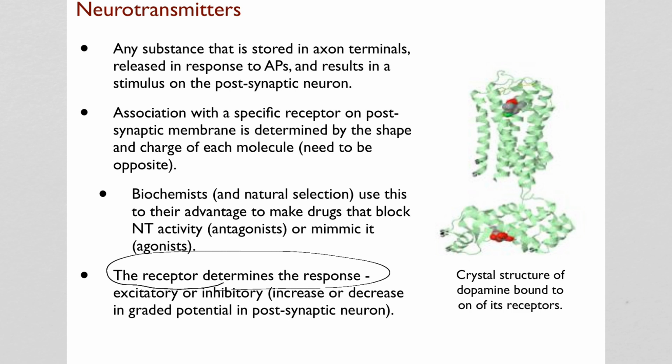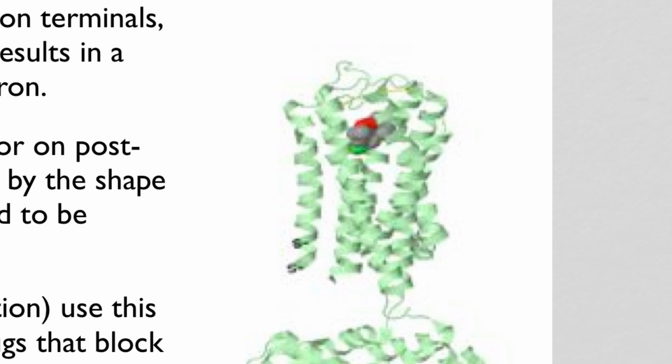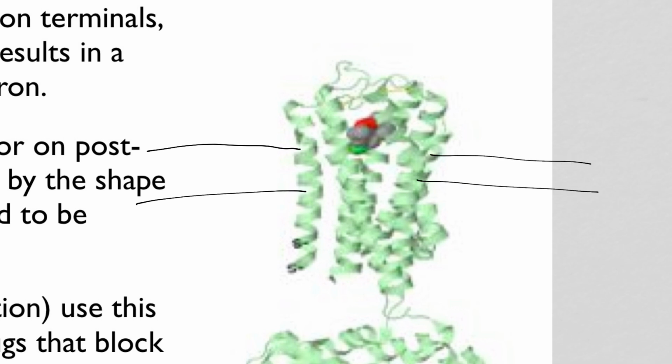So in this picture, this coiled green structure is a dopamine receptor, one of them. You can imagine that receptor being inserted into the cell membrane of a neuron. This little colored structure right here is actual dopamine itself. And this is looking at it from a side view.